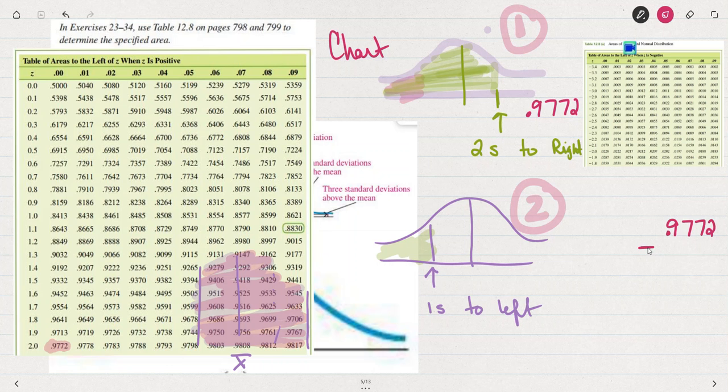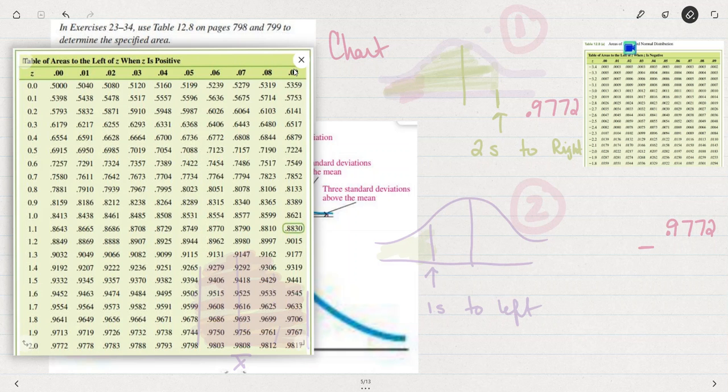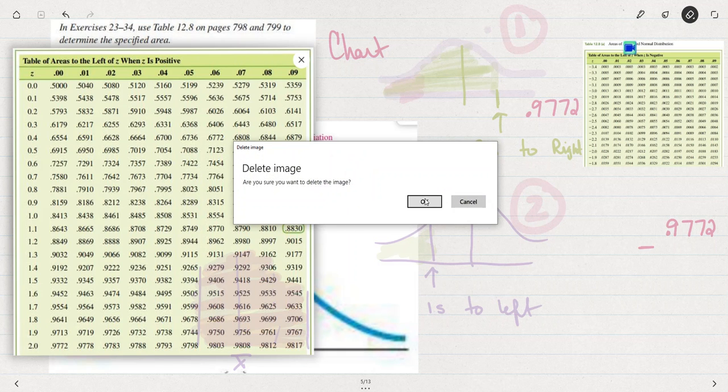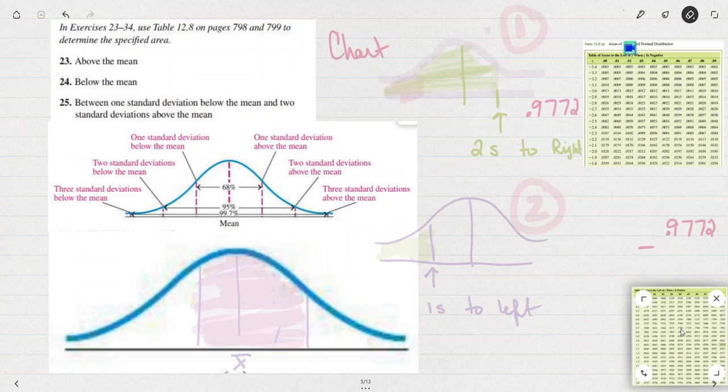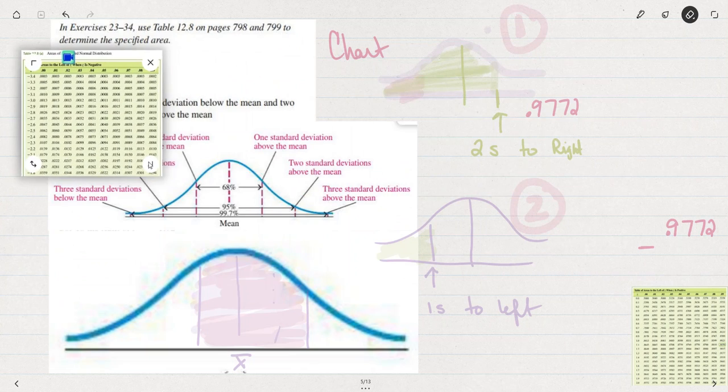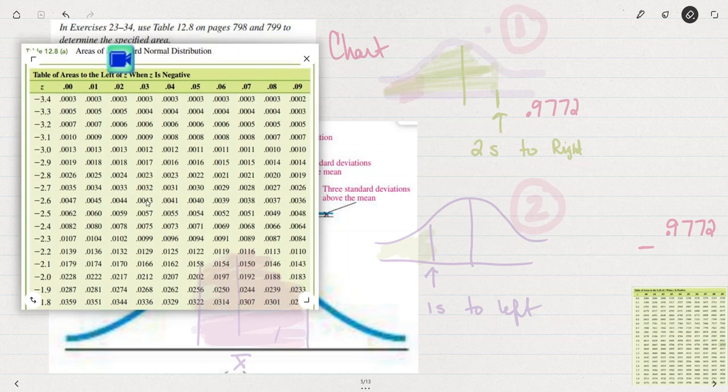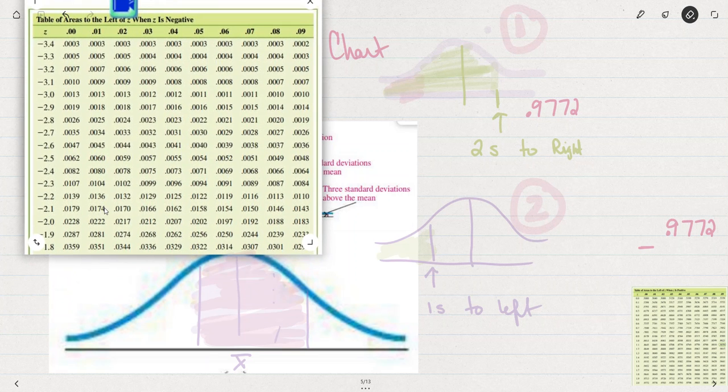And remember, what we wanted to do was subtract from that the percent of the data that's at 1 standard deviation to the left. So that's going to be the other chart. Let me move this one out of the way. And we'll pull this one in. 1 standard deviation to the left is going to be represented with a -1.